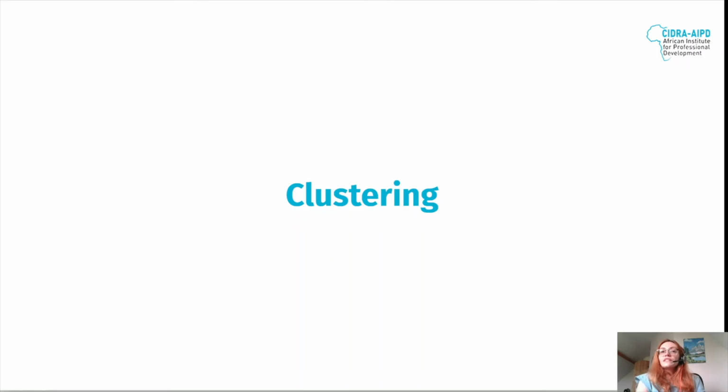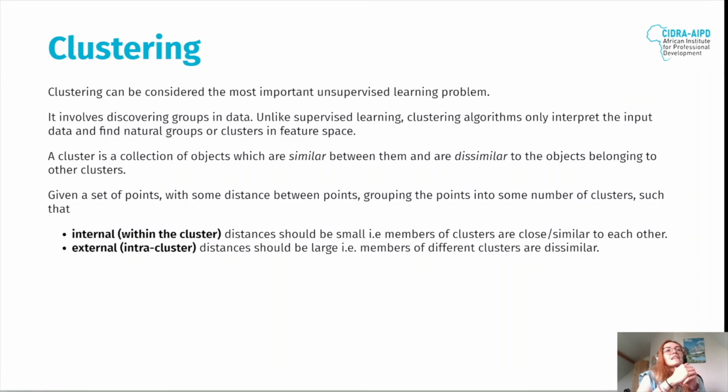So clustering is the first type of problem that we are going to be seeing. Clustering is probably the most important unsupervised learning problem, and probably also the most common one. It involves discovering groups in the data. So unlike supervised learning, clustering algorithms are going to interpret the input data, and based on that, they're going to find natural groups or clusters in the feature space.